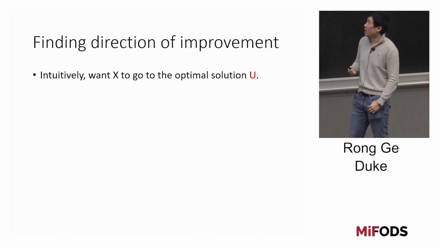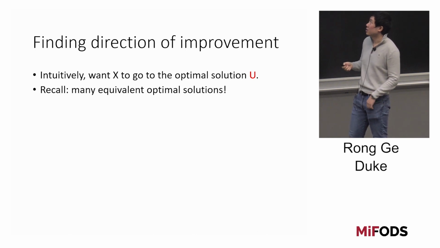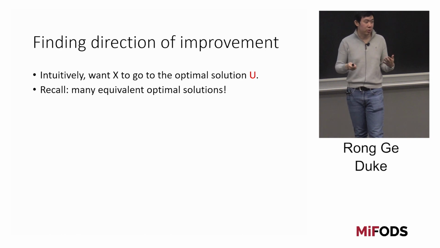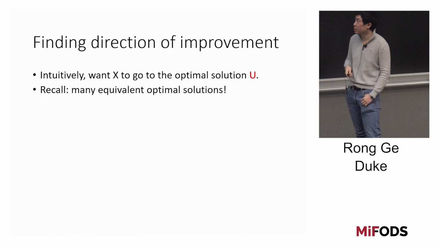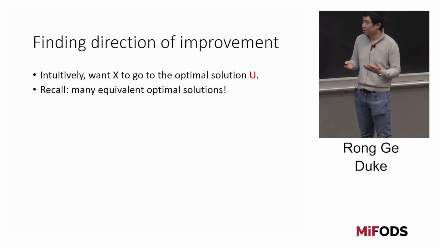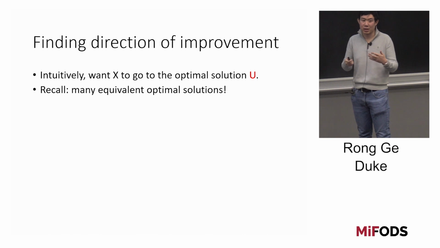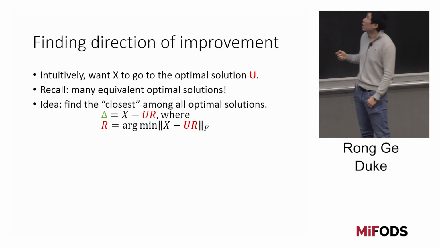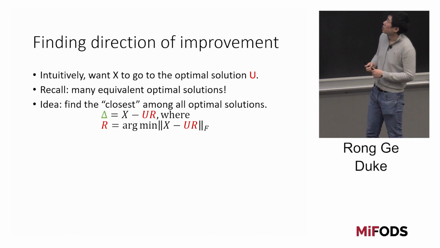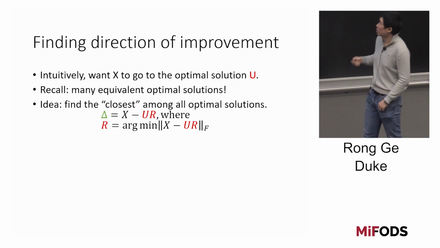But remember, it's not as simple as that because there are many equivalent global optimal solutions. U is only one of these many equivalent optimal solutions. So which one should I go to? Well, intuitively, I should go to the one that's as close to me as possible. I shouldn't go to one that's actually very far from me, right? So that's actually what we do. We will find the closest global minimum among all the optimal solutions.